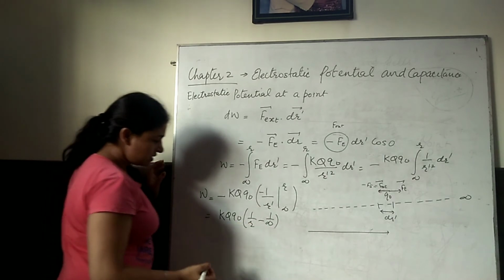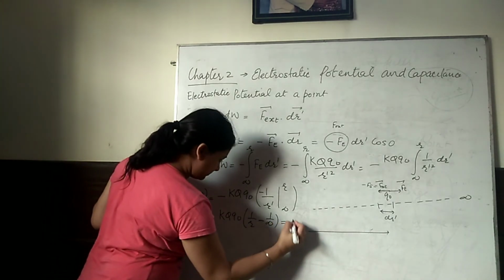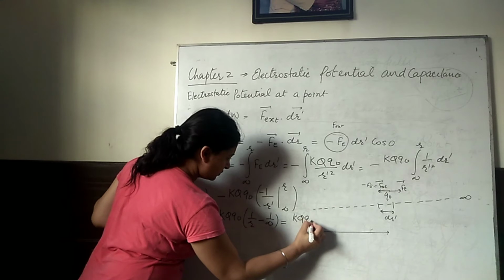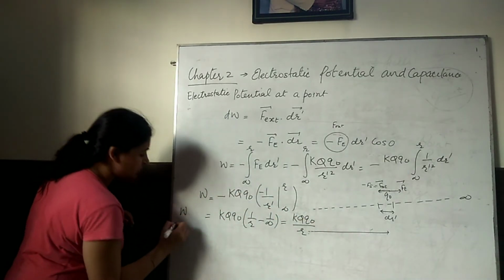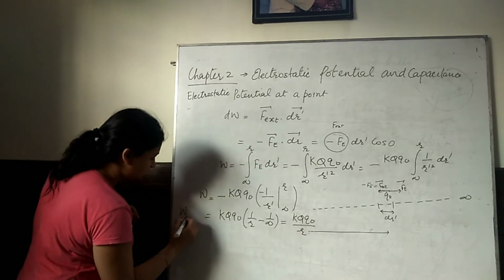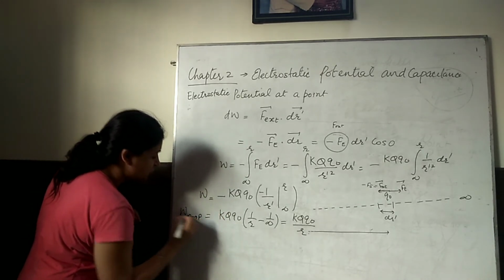And 1 over infinity is 0, so this is K Q naught over R. This is the work done in bringing the test charge from infinity to point P.